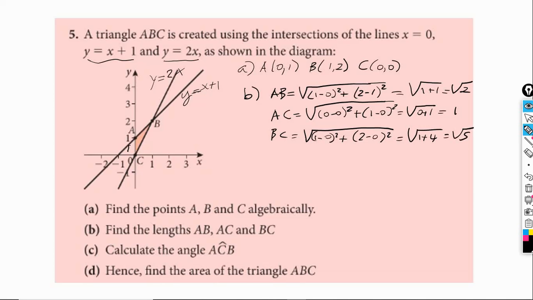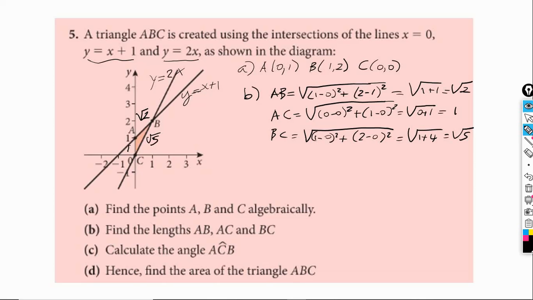So here we have the three distances: AC, which is 1, AB, which is square root of 2, and BC, which is square root of 5.